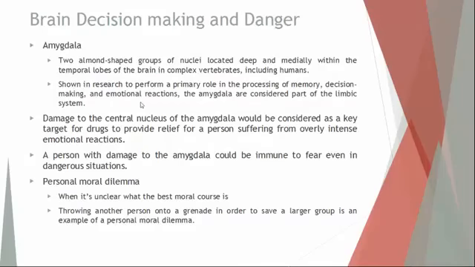Now, a person that has damage to this section is also going to be immune from fear in a dangerous situation. That's because the amygdala helps you to remember dangerous situations and to keep you better prepared for that situation in the future.